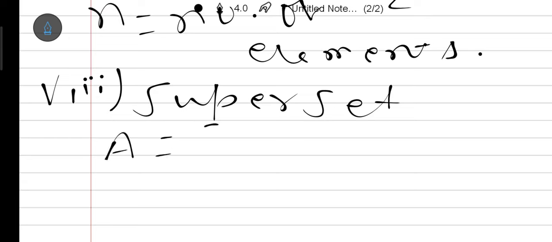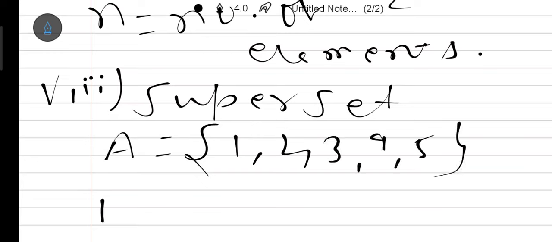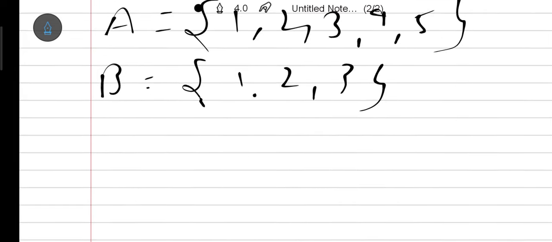Let's take an example again, because it is better to understand from an example rather than from theoretical lectures. Again we can see that all the elements of B are contained in A, so B is a subset of A.